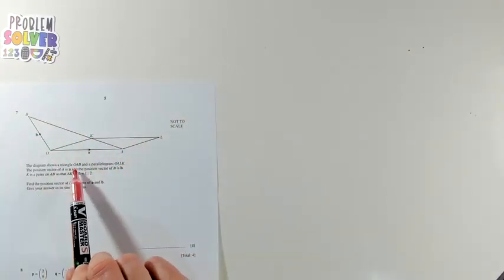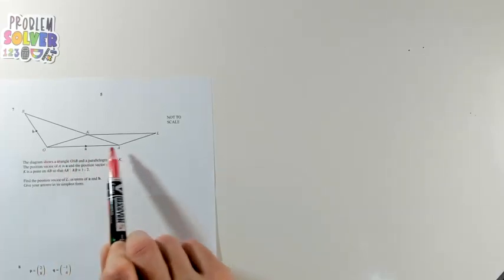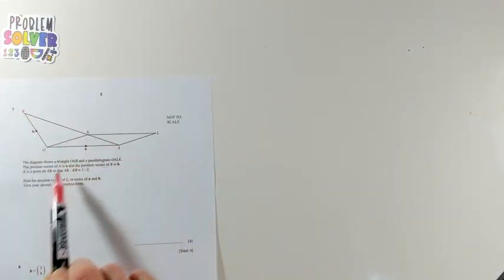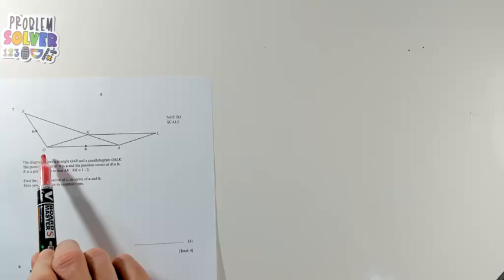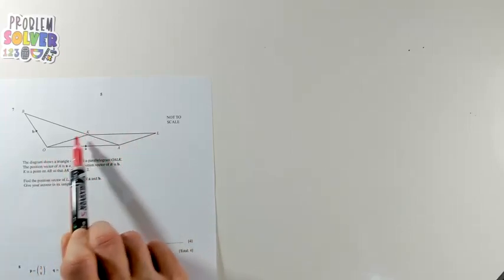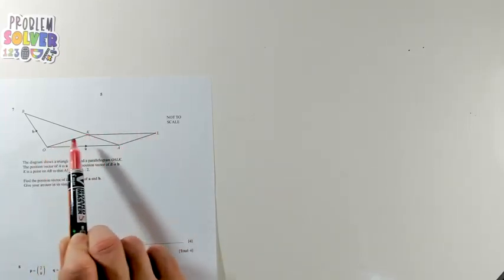They're saying the diagram shows triangle OAB. So OAB, that's a triangle. And a parallelogram OALK. So there's a little parallelogram over there.